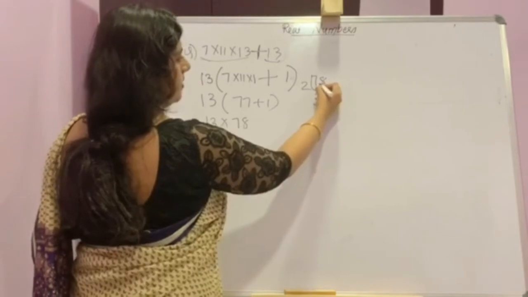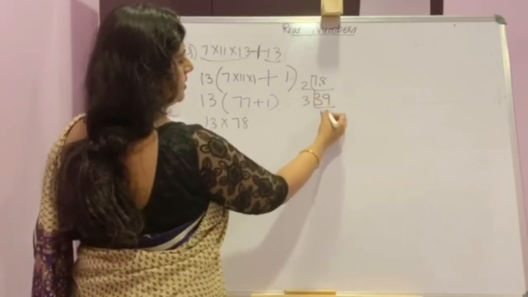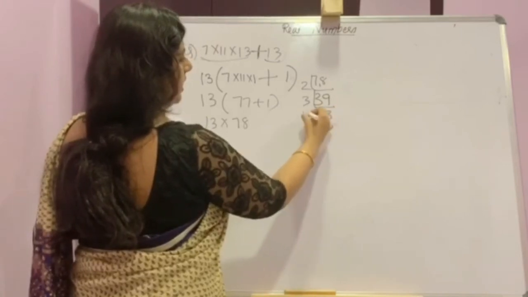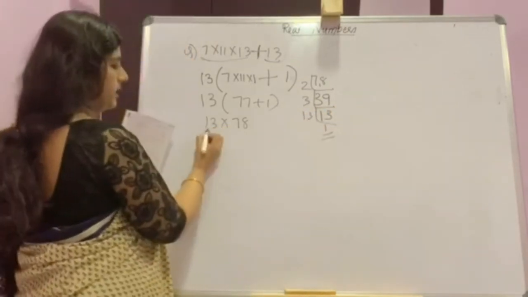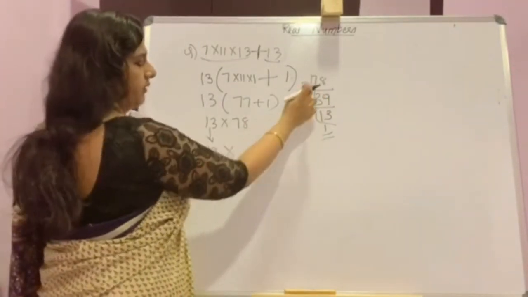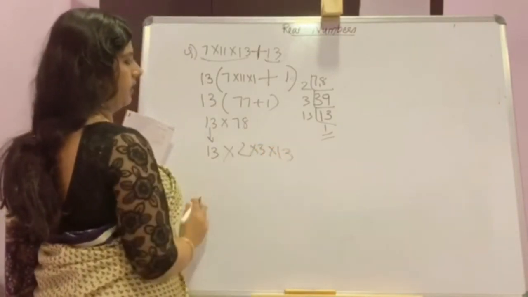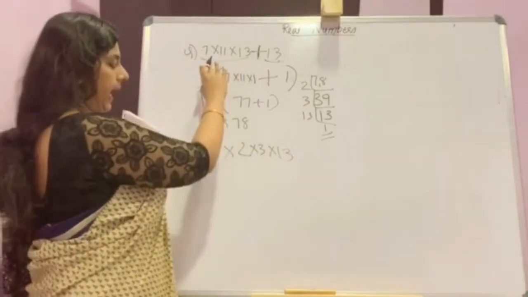3 2s are 6, balance 1, 9 2s are 18. Now in 3, 1 3s are 3, 3 3s are 9, and then 13. So 78 we can write as 2 into 3 into 13.